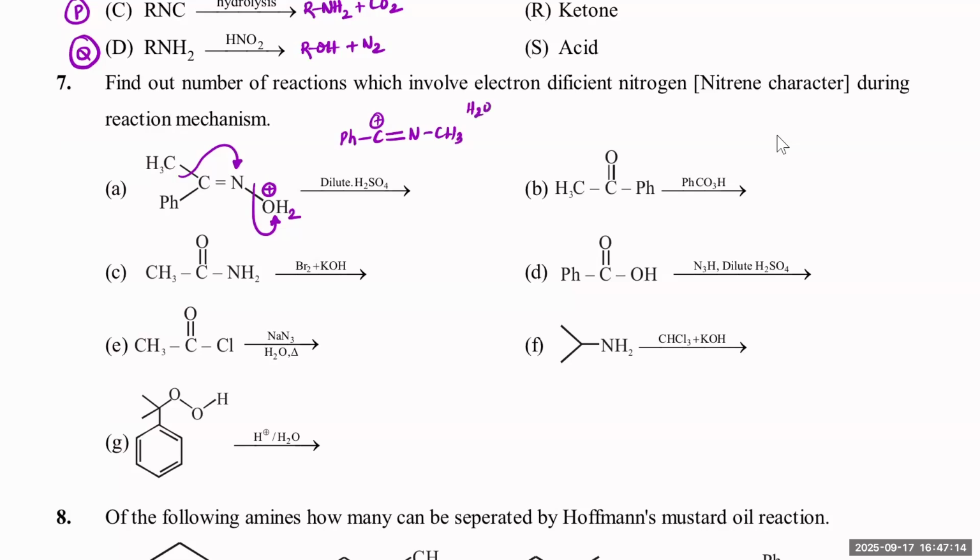Thereafter, when the water attacks here, you will get PhCOH double bond NCH3, which will undergo tautomerism to convert into PhC double bond O NHCH3. That's how we get amides. Please try to recall the Beckmann rearrangement once.